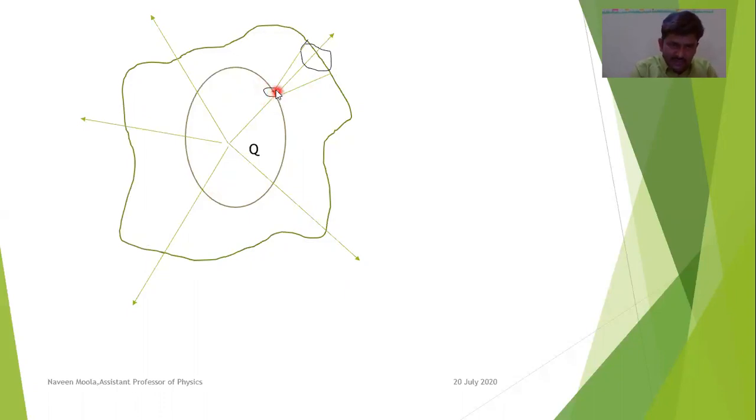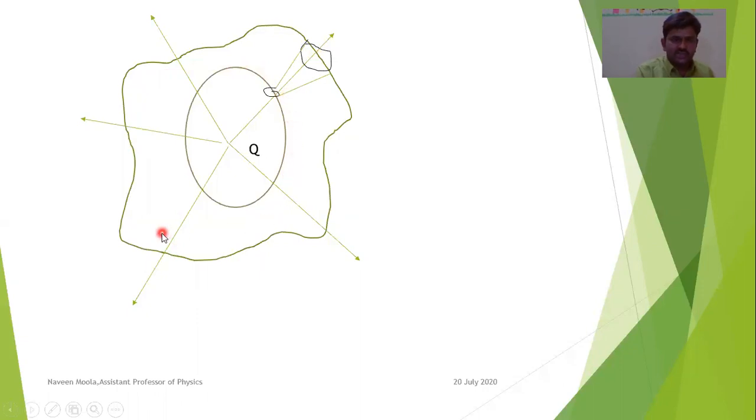The flux coming out of this small element will reach here, and those lines only come out of this outer portion. Similarly, the flux coming out of this element will only come out from this surface. There is no charge between the sphere and the outer parts, where the spotlight is moving.